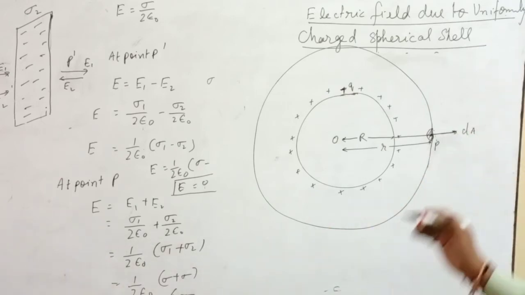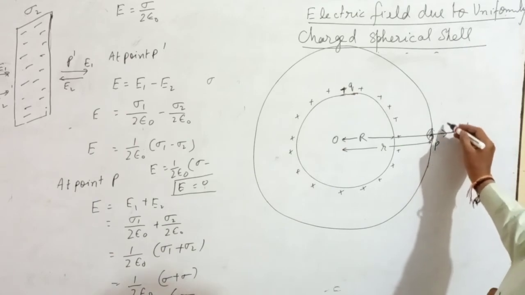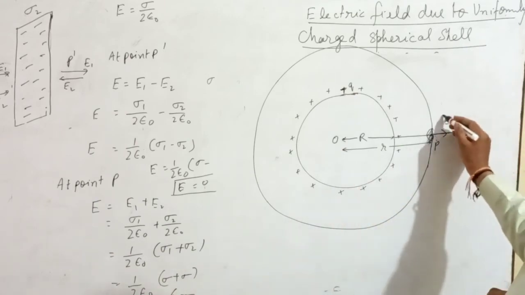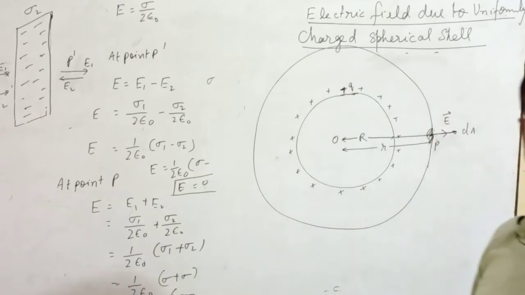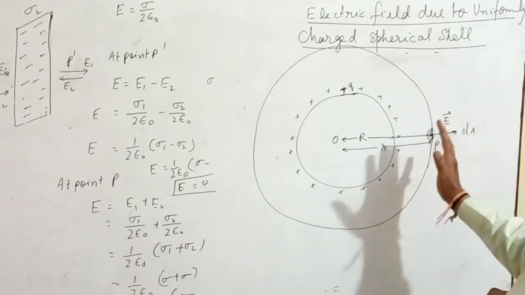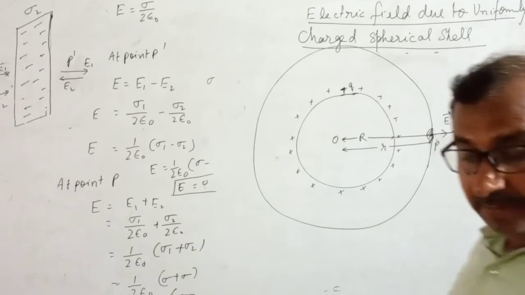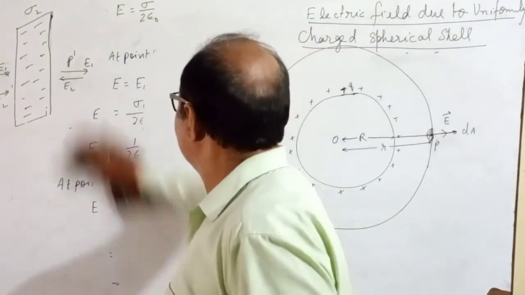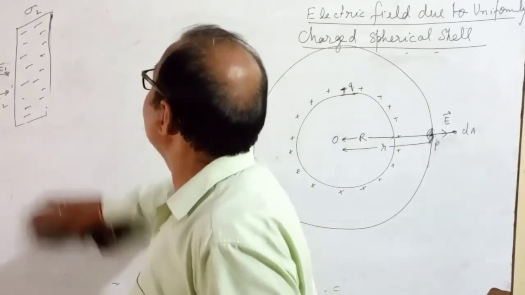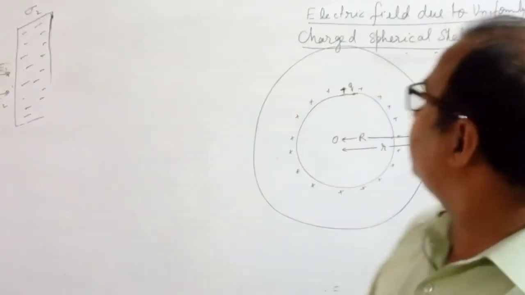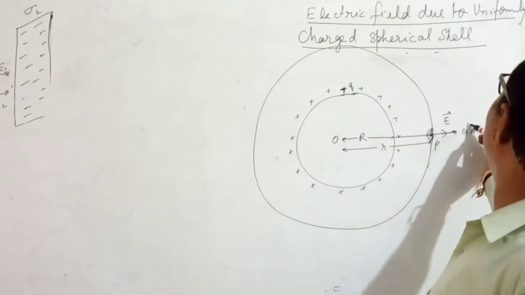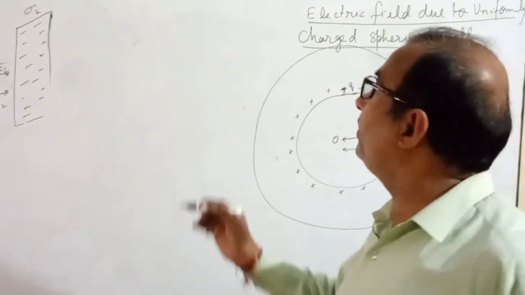Due to positive charge, the electric field intensity E is also outward. E and dA are both outward, both in the same direction. So please try to understand that electric field E and area vector dA are both in the same direction.